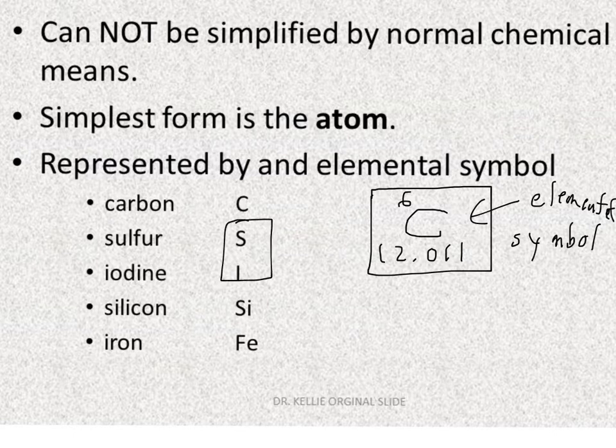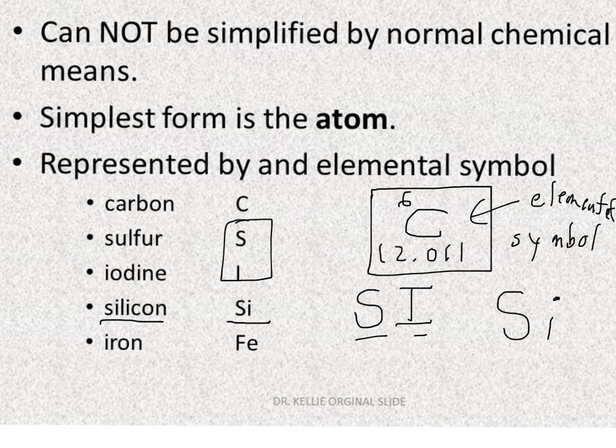The classic example is sulfur, iodine, and silicon. Silicon has the elemental symbol capital S, lowercase i. If I wrote that, I'm talking about a compound made from sulfur and iodine. If I write that, however, I'm talking about the element silicon. So it's really important that you keep your capitalization straight.